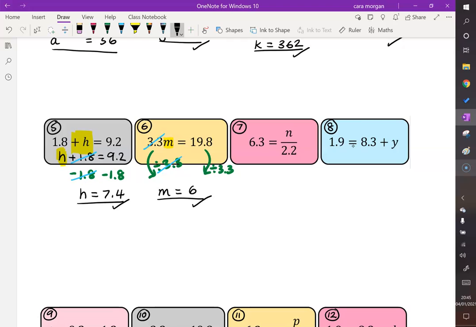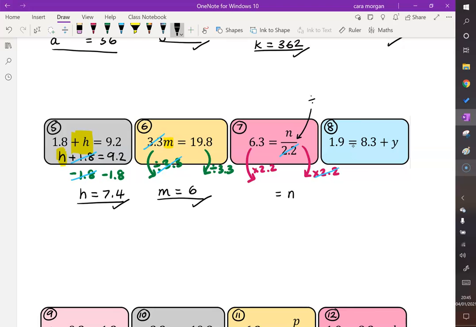Now, number 7, I've got to remember that that fraction line also means divide. So n is being divided by 2.2. Well, I know that multiplying by 2.2 is the opposite, or the inverse operation. And that means that multiplying by 2.2 and dividing by 2.2 cancel out to give n on the right-hand side.